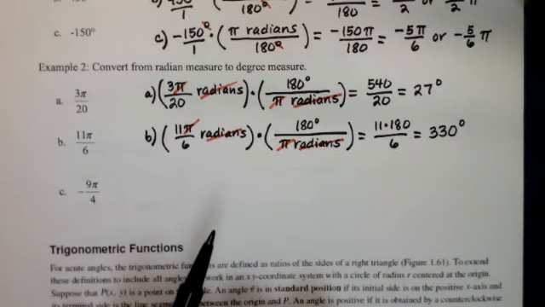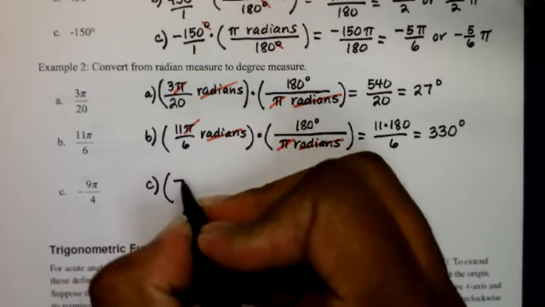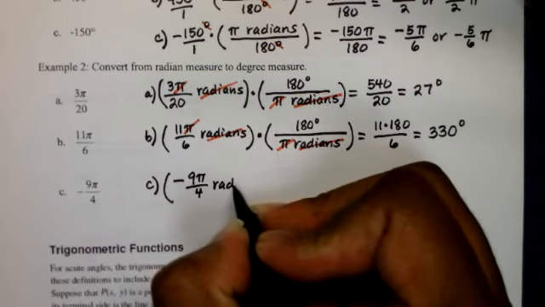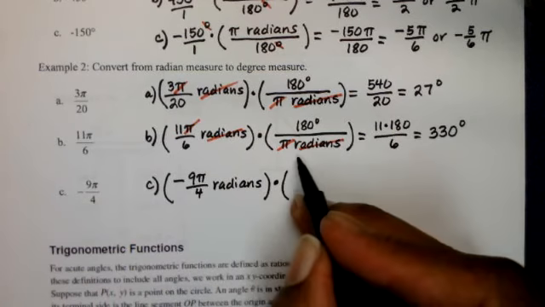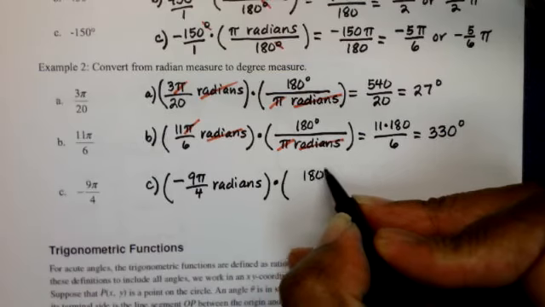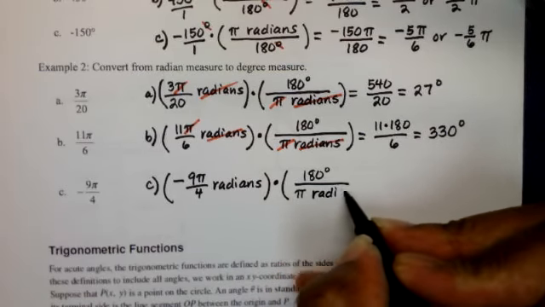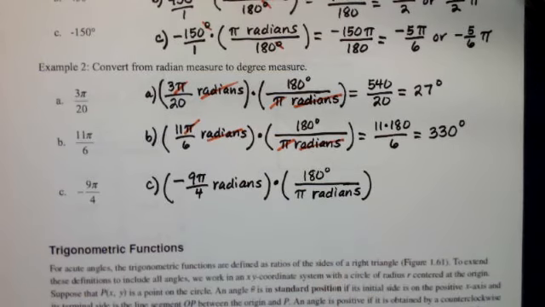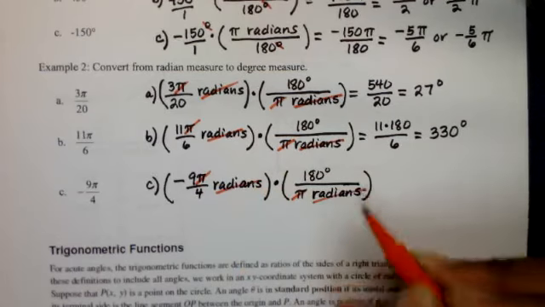And finally, -9/4. So here, this is a negative 9 pi over 4. And that's in radians, by the way. Now we're going to multiply it by the same conversion. That's 180 degrees divided by pi radians. So here the pi divides out, radians divides out.